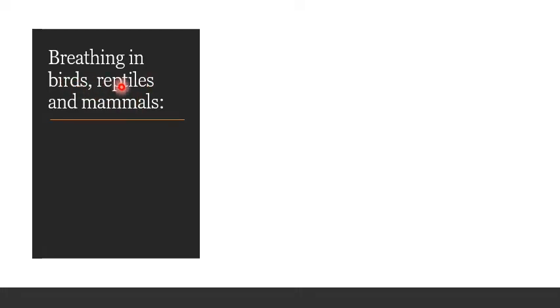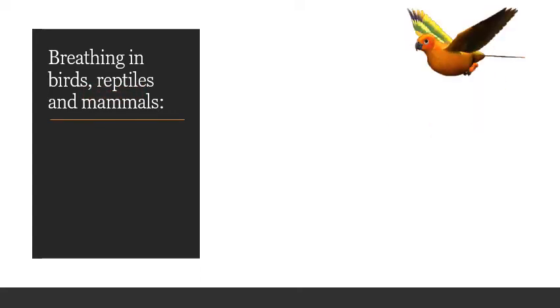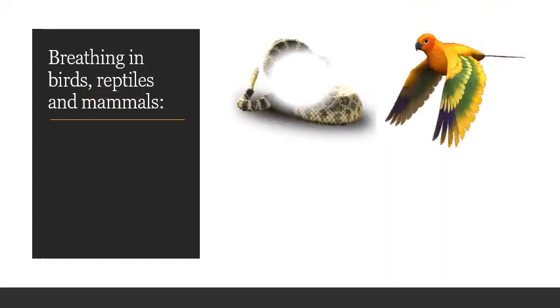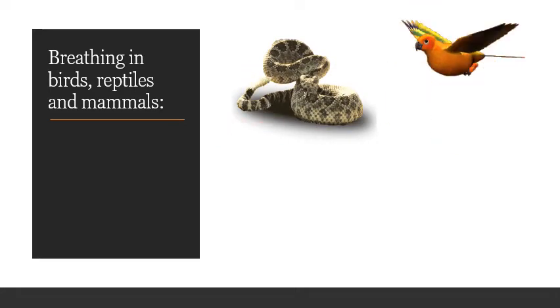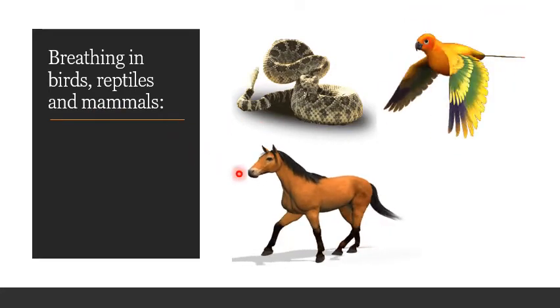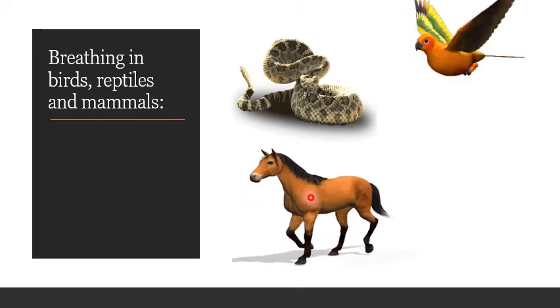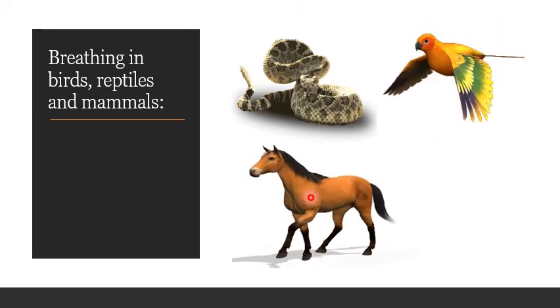We have divided them according to their dissimilarities from one another. All the flying animals are birds, for example, parrot, and reptiles are the crawling animals like crocodile and snake, and mammals are animals like horse, sheep, goat, like this.